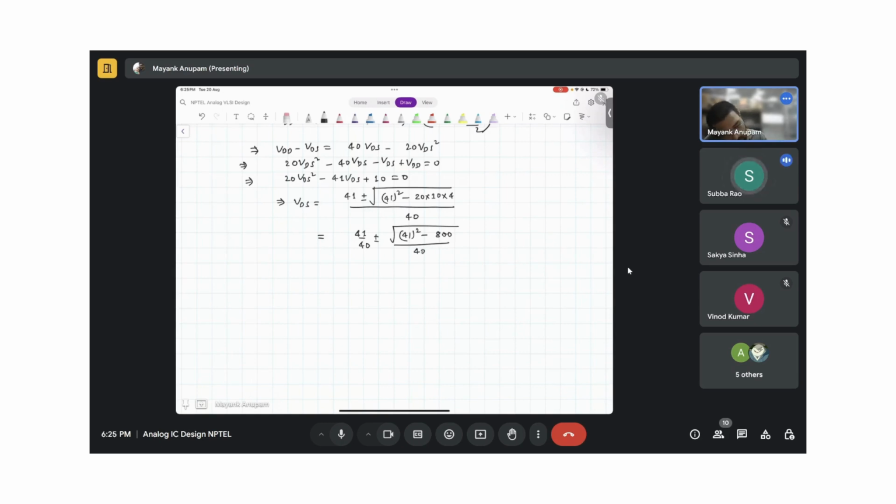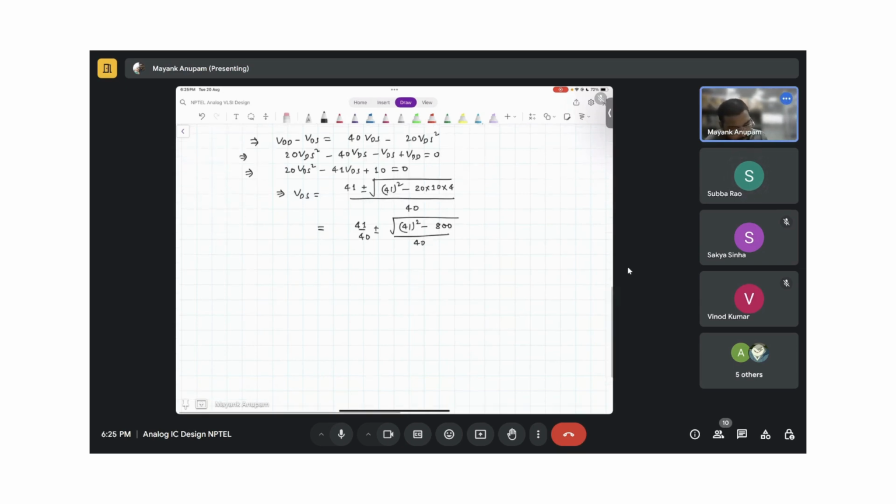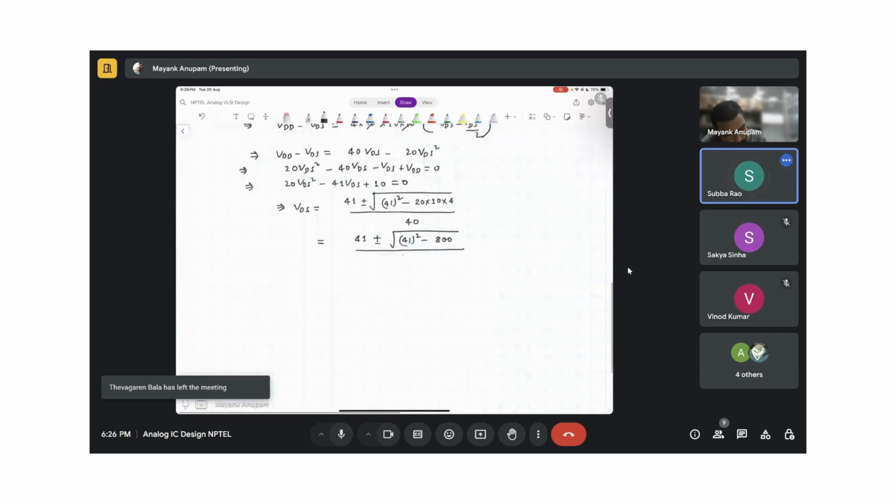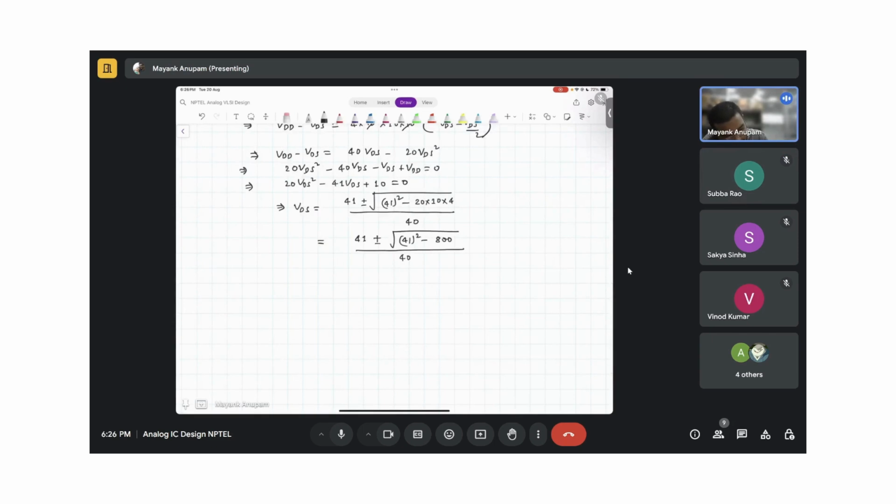Okay, so 41 square minus 800. So what do you think? Let's not do this. Out of these two, 41 and this term, which one do you think is going to be larger? So let's quickly calculate. 41 square minus 800 is 881.